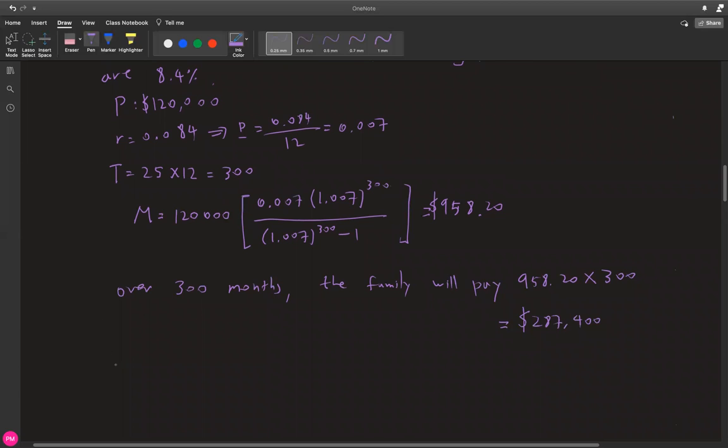So the total interest paid is actually, you take the total you pay, $287,400, and you take away $120,000, which is in fact $167,460.